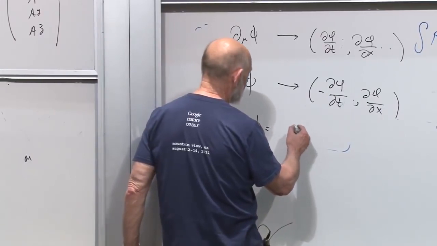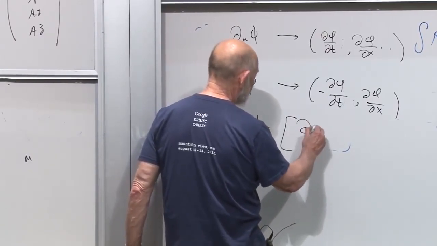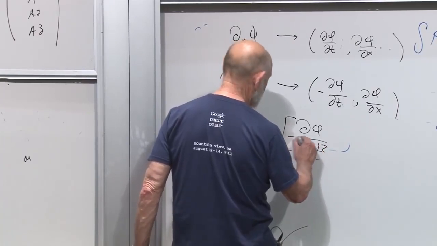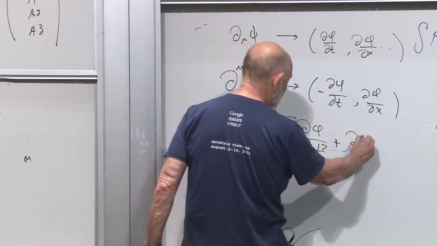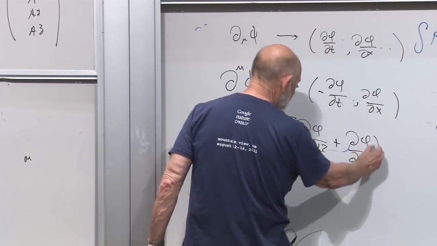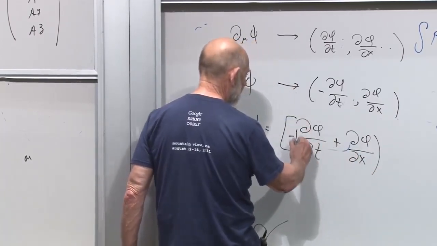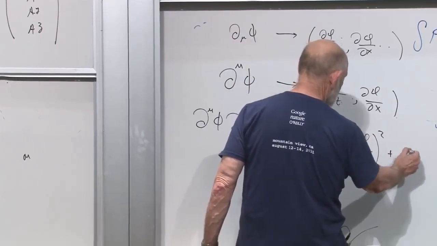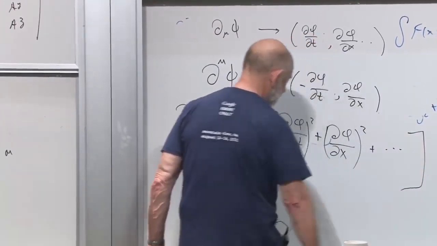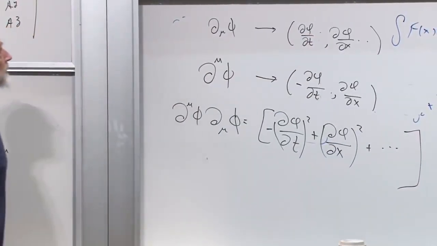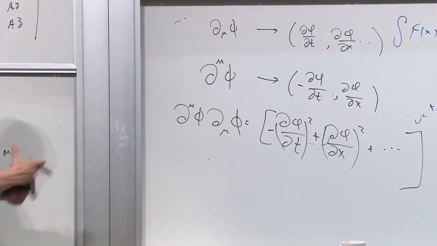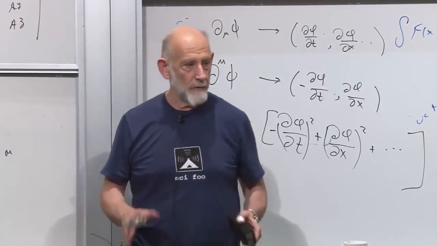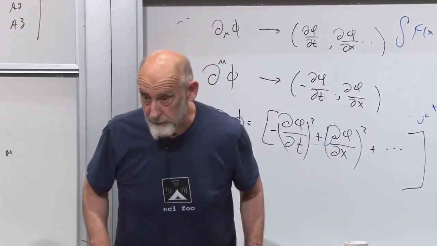It stands for something we wrote down earlier, d phi by dt squared minus d phi by dx squared, plus the same thing for y and z. In other words, it's the thing we wrote down with a minus sign. There's an extra minus sign here. It's the thing that we wrote down for the Lagrangian for the scalar field. Okay.